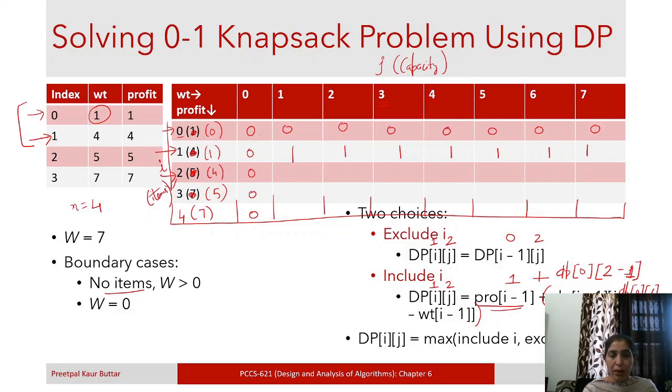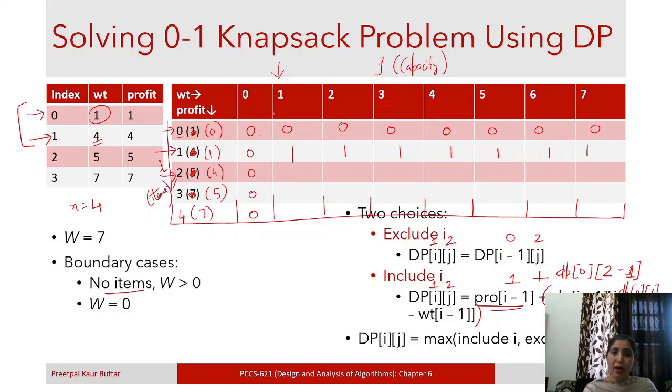So here, let us look at the weight of this item. The weight of this item is 4. So here when j is here, what does it mean? It means the capacity of the knapsack is 1. So can we put an item of weight 4 into a knapsack whose capacity is 1?